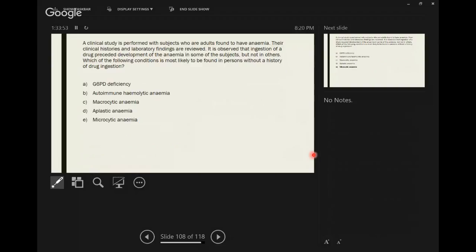Ignore the first bit. Which of the following conditions is most likely to be found in a person without a history of drug ingestion? That's all right. Sorry, I kind of put a lot of pressure on you there.